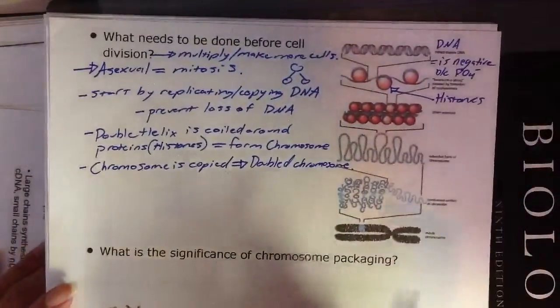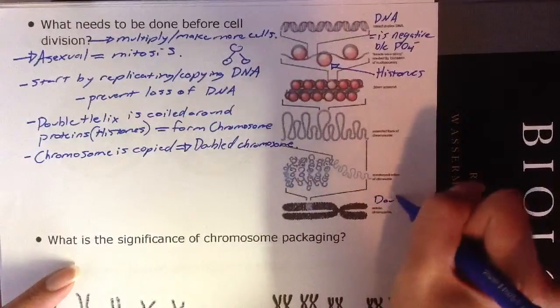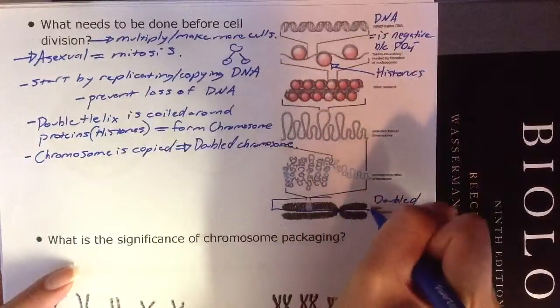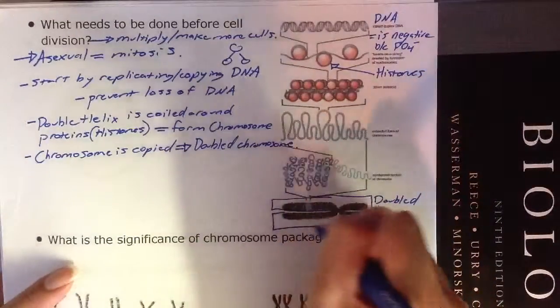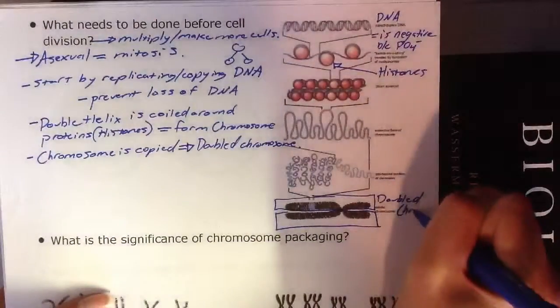Okay. So here they're showing you this is a doubled chromosome. And one side of that is going to be one copy, and here's the other copy.